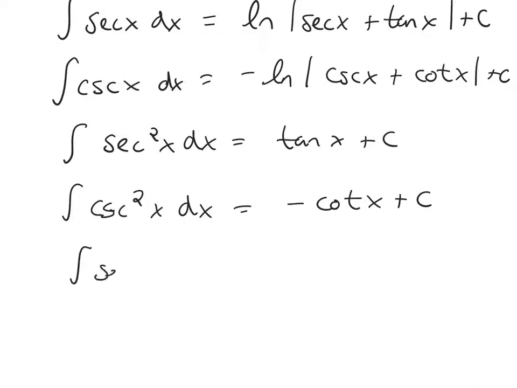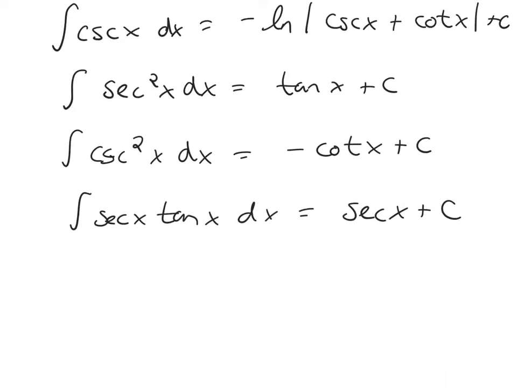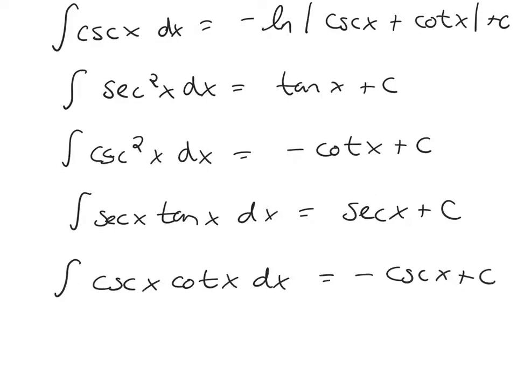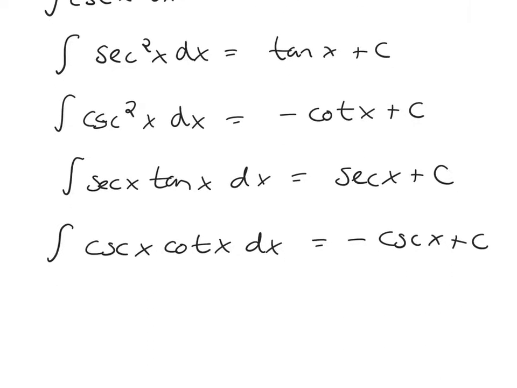The integral of secant times tangent is secant. And then related to that, the integral of cosecant times cotangent is negative cosecant plus c. All right, so that's all of the trig integrals.